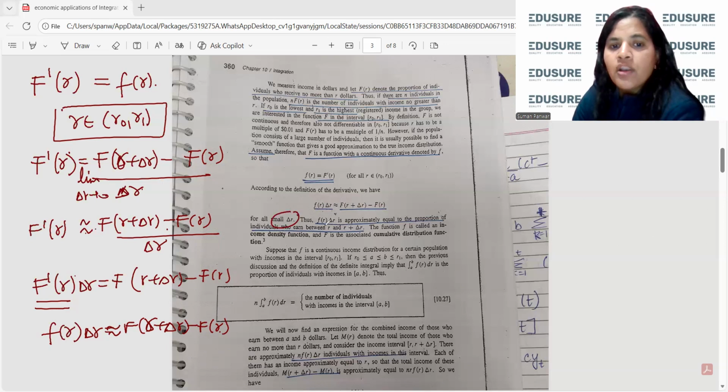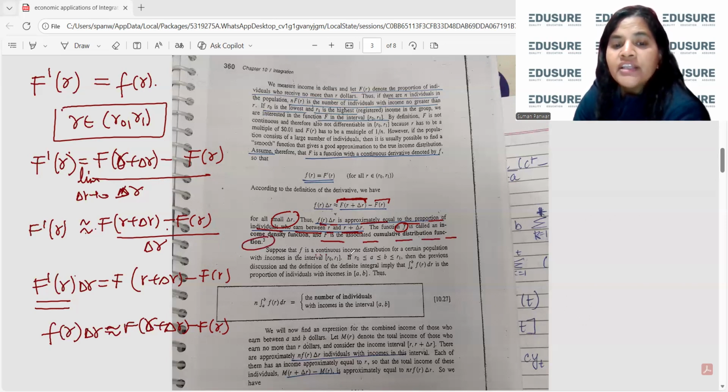This is happening for small Δr. Thus, f(r)Δr is approximately equal to the proportion of individuals who earn between r and r + Δr. F(r + Δr) is the proportion of people who earn no more than r + Δr, and capital F(r) is the proportion of people who earn no more than r. So the function f is called the income density function, and F is associated with the cumulative distribution function.